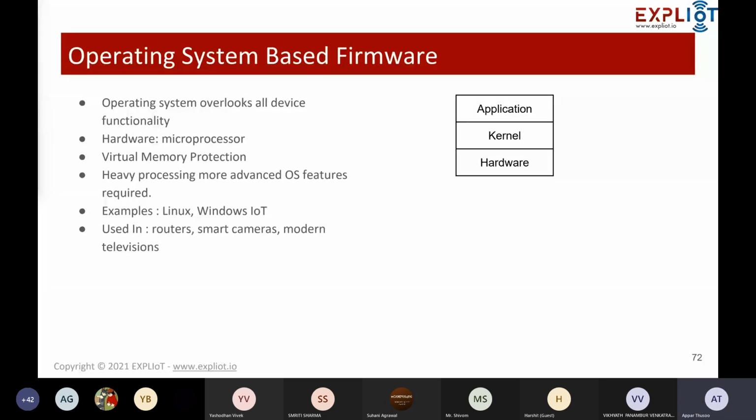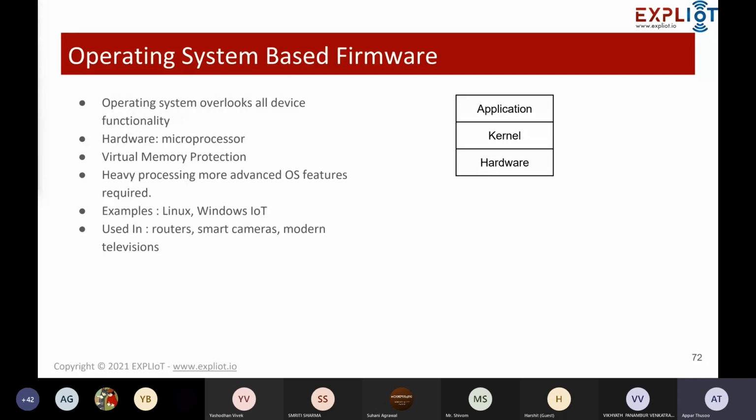Some of the examples of OS-based firmware include Linux, your embedded Linux. Not very different from the Linux we use on a day-to-day basis, but more of a strict version of the same Linux. Then you have Windows IoT.